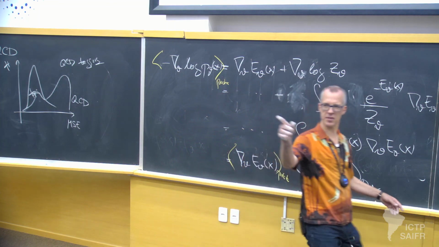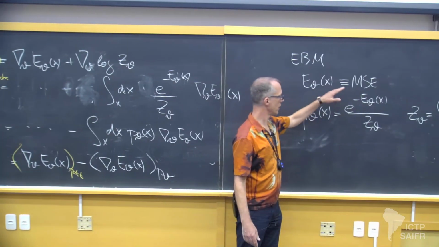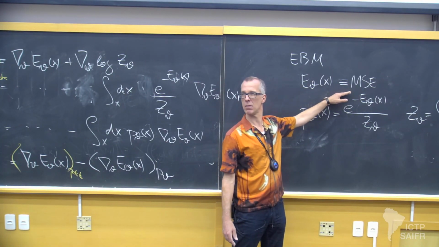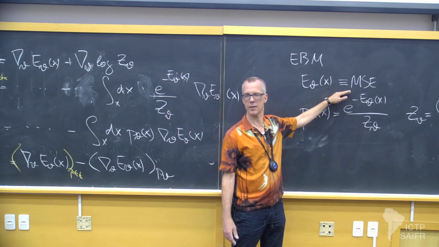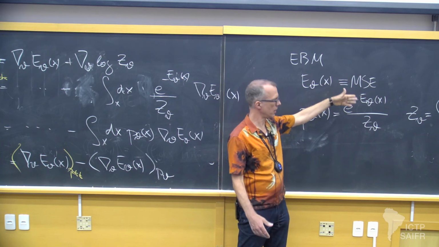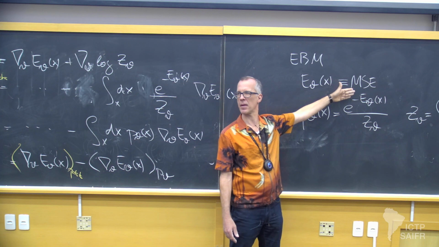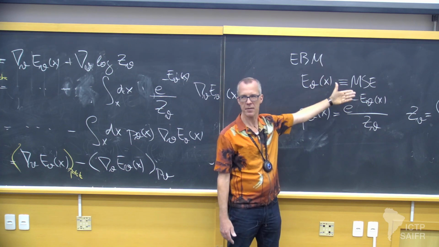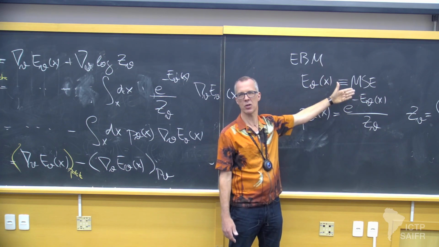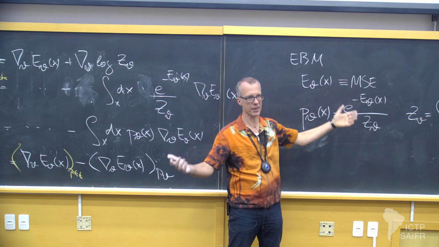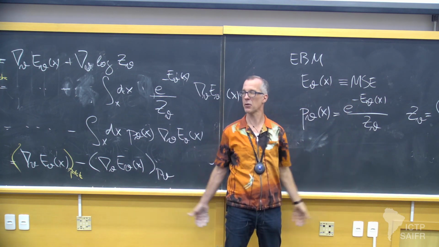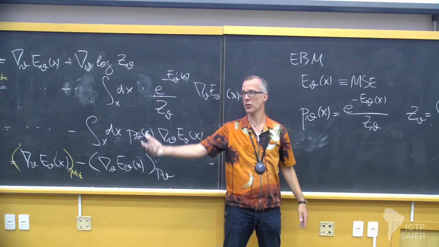Yeah, I think this is very similar to the question we had before: does the energy have to be the MSE? And no, it doesn't. It should be a function of the MSE, but it doesn't have to be exactly the MSE. We know with autoencoders, the first thing you try with a classic autoencoder is the MSE.